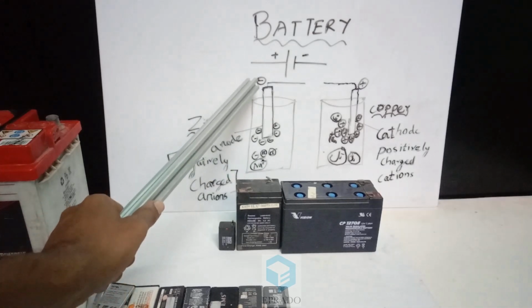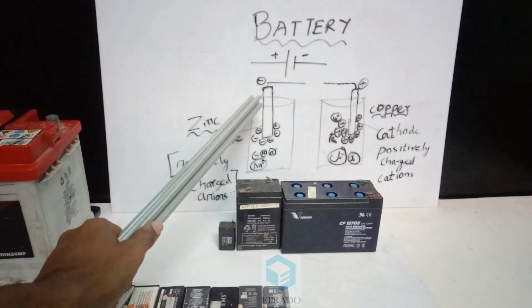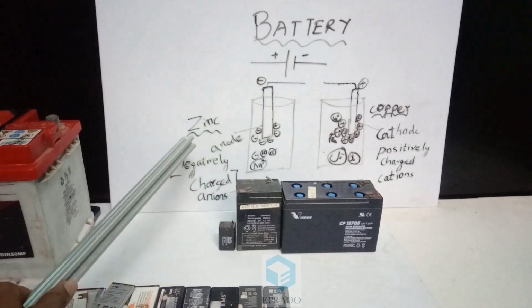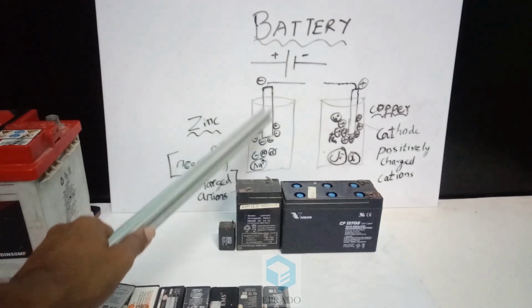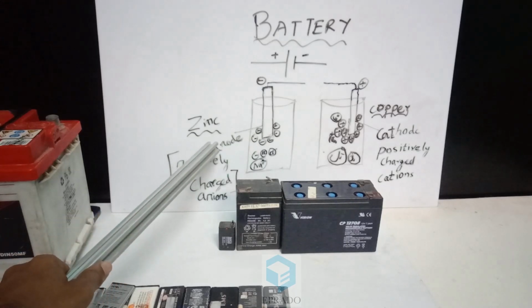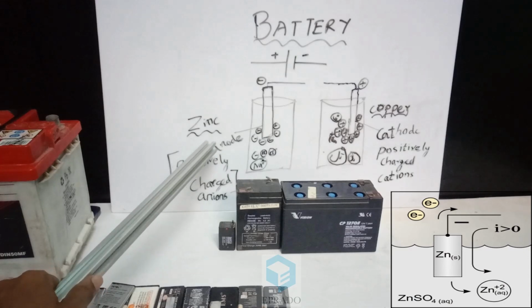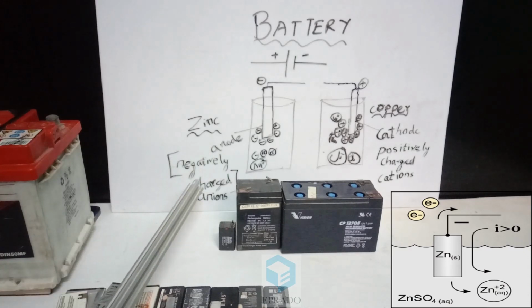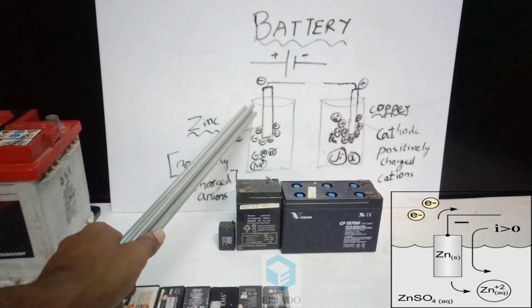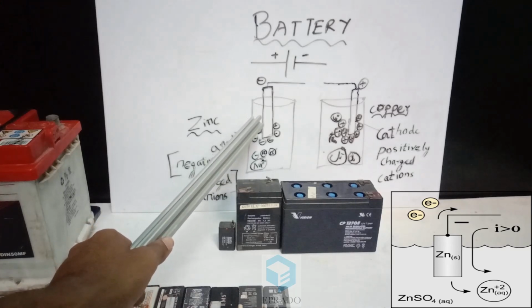Then we have to insert an electrode that is made up of zinc metal. So this electrode will act as anode, which means that the negatively charged anions will be attracted towards this electrode.